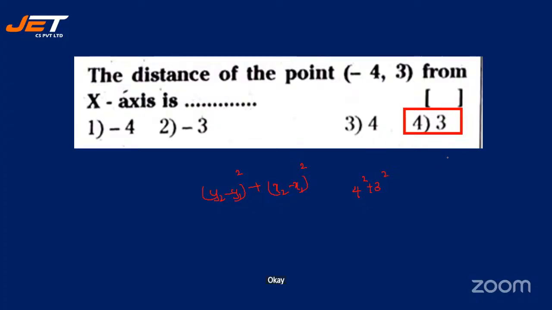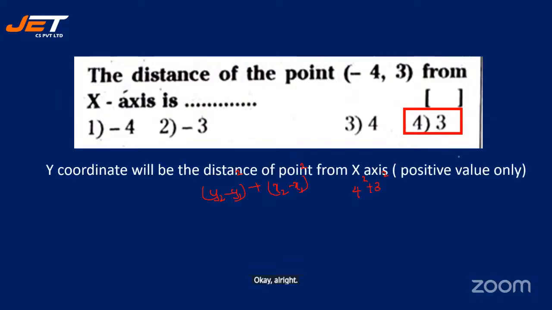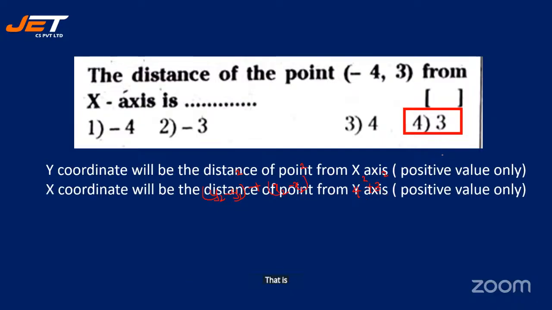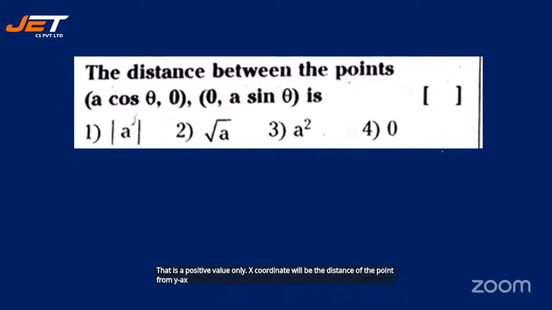All right. Y coordinate will be the distance of the point from x-axis. That is a positive value only. X coordinate will be the distance of the point from y-axis, positive value only.